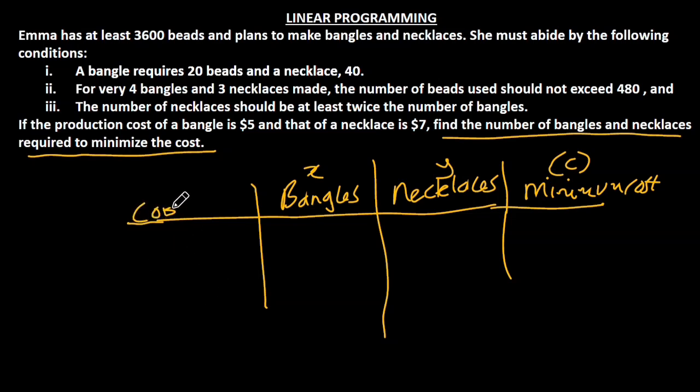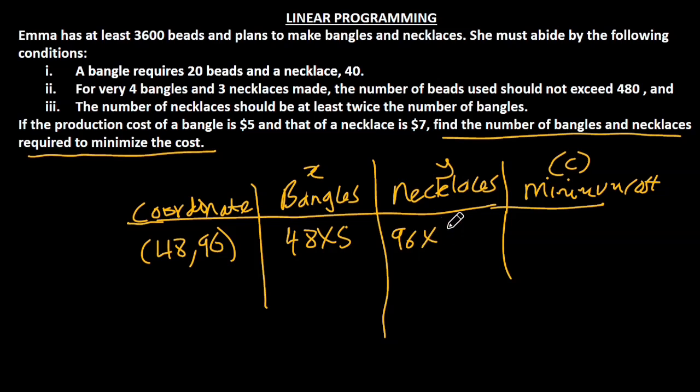At this point I put down my coordinates. My first coordinate was 48, 96. If we use it in this equation, we have 48 times 5, and under necklaces 96 times 7, and if we do the math properly, the total is 912.